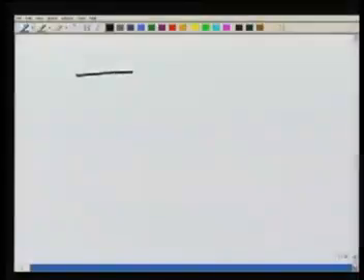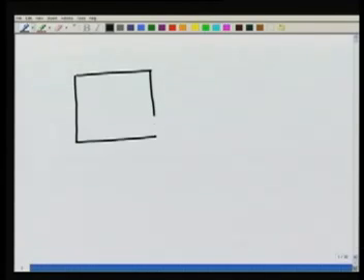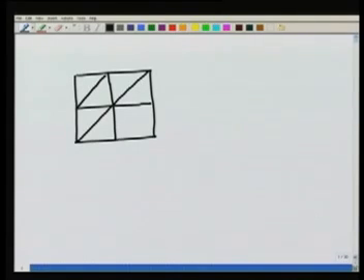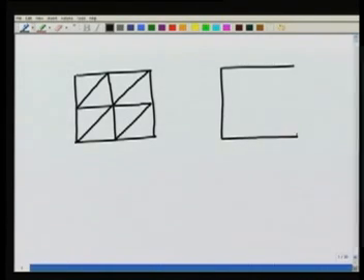So we had talked about a domain as a sample example, which is rectangular, where we had chosen either to make a mesh of triangles or a mesh of quadrilaterals, which in this case would be rectangles.